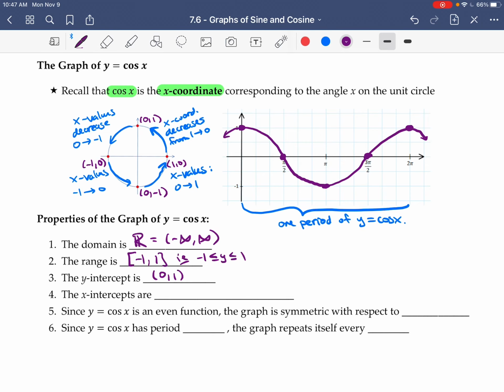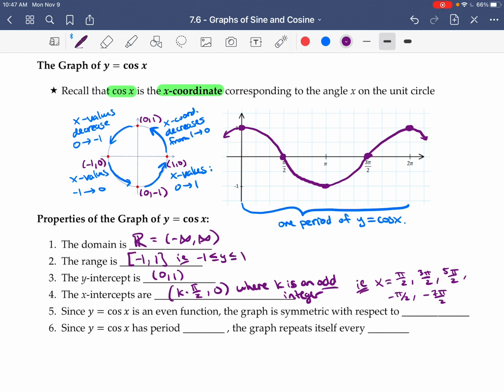So the x-intercepts are going to look like (k times pi by 2, 0), where k is an odd integer. So the x values are going to be like pi by 2, 3 pi by 2, 5 pi by 2, negative pi by 2, negative 7 pi by 2. Anything that's an odd number times pi by 2.